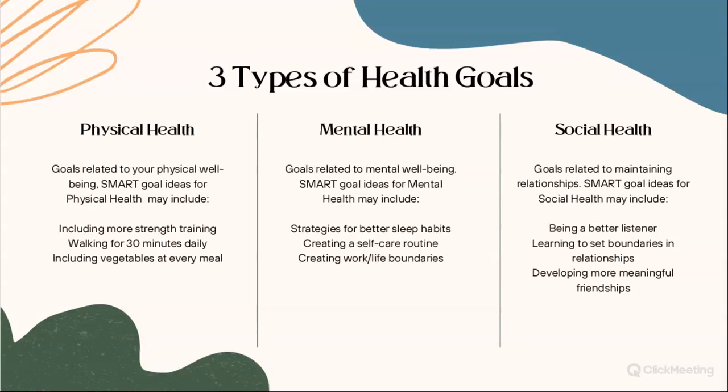And then the last type of health goal would be social health. This could be related to your relationships, family, friends, coworkers even. Some of those SMART goals may be to be a better listener, or to learn to set boundaries in some of your relationships. Or maybe your goal this year is to develop more meaningful friendships.